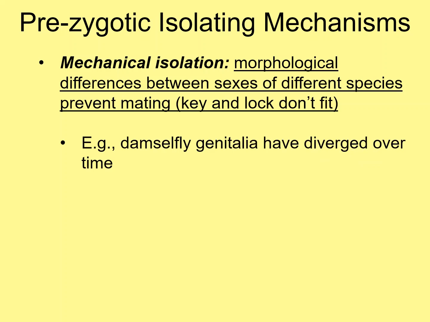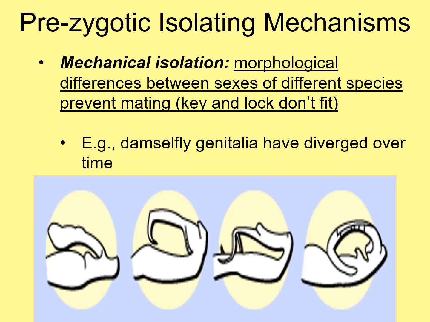So basically, the genitalia don't fit, or the organisms are such different sizes and shapes to where even if they do recognize each other as potential mating partners, they actually can't complete the reproductive event, right? So basically you have an interruption or a failure of mating to occur because there's some physical problem, right?